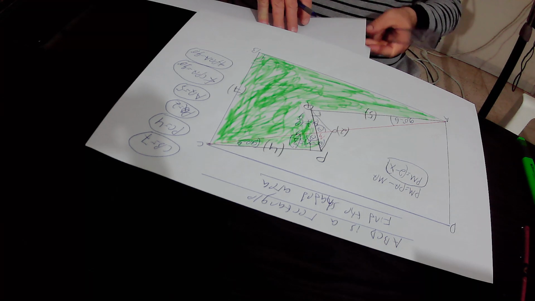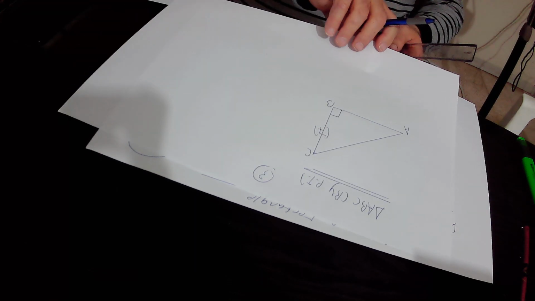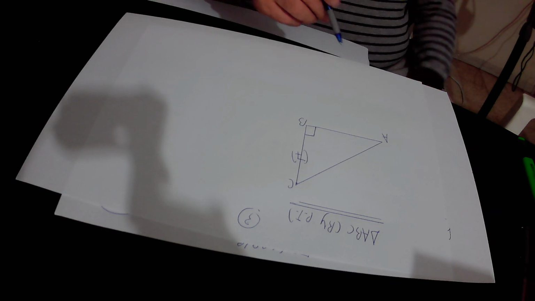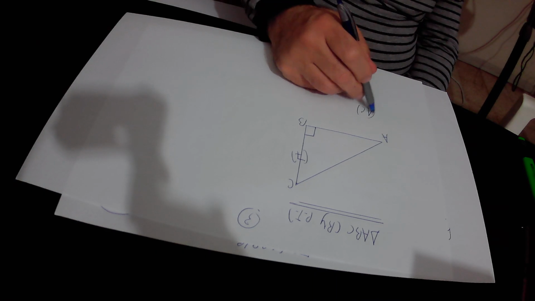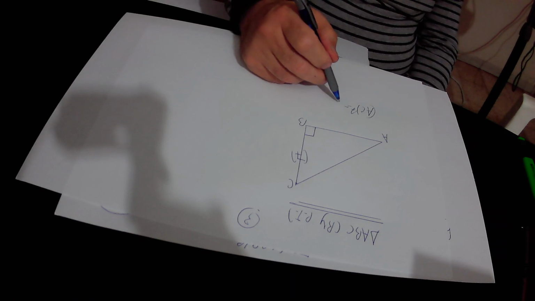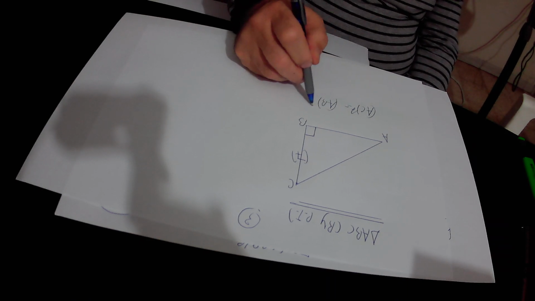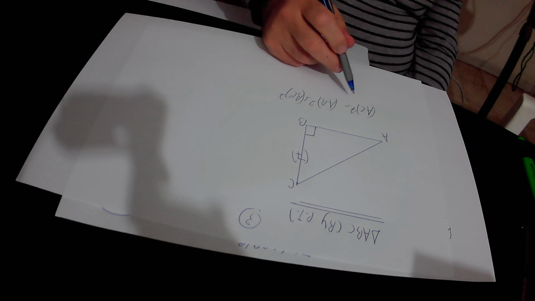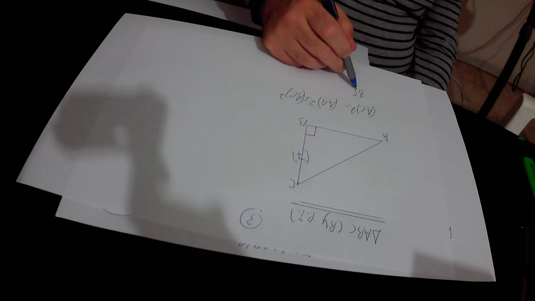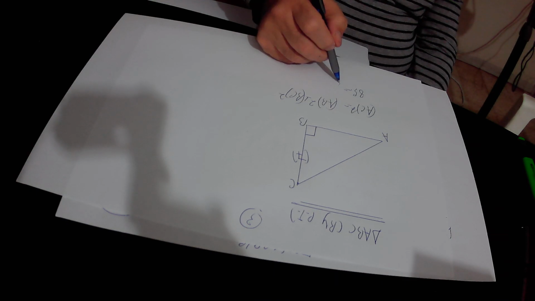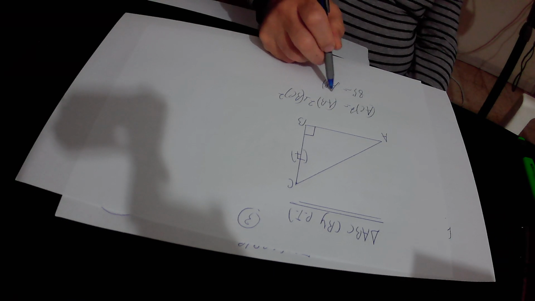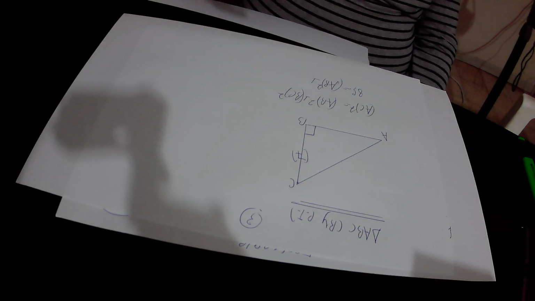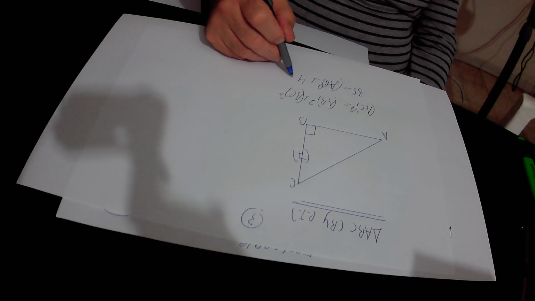So this is the right triangle ABC that I copied from the original drawing. According to the Pythagoras theorem, in this right triangle ABC, AC squared equals AB squared plus BC squared. AC squared is 85, and it is equal to AB squared. AB squared is the missing side, so we'll leave it as it is, plus BC squared. BC is 7, therefore BC squared is 7 squared, that is 49.